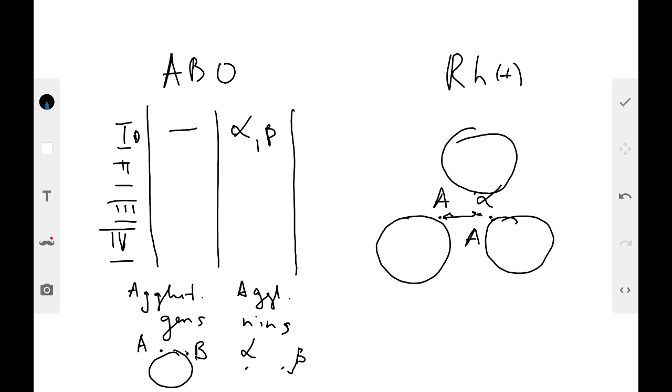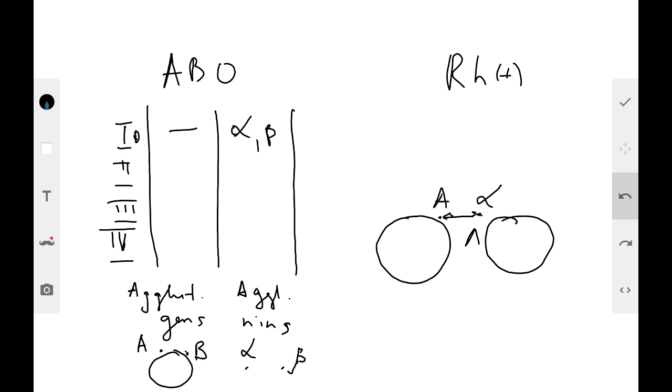So this will induce the reaction of agglutination, attraction of red blood cells. They will produce such a group which will not be able to circulate properly and will block the circulation and will induce severe consequences, even the death of the body. So they should not be mixed in one blood.